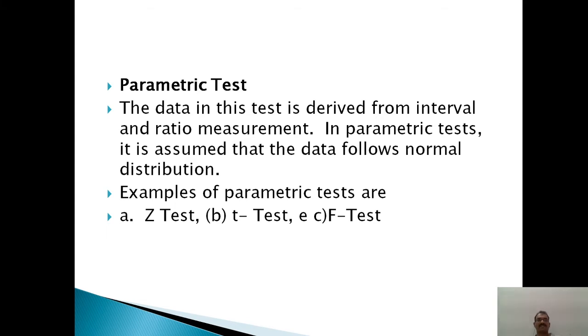In parametric tests, it is assumed that the data follows normal distribution. Then only we can use parametric test. Examples of parametric tests are Z test, T test, F test.